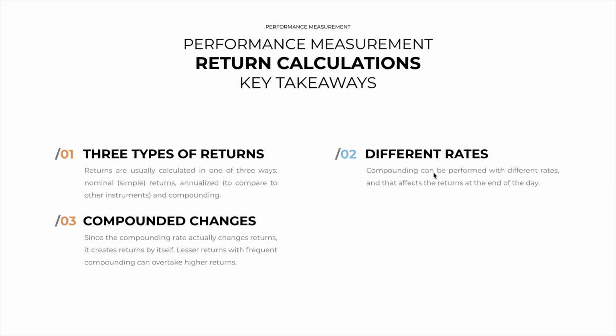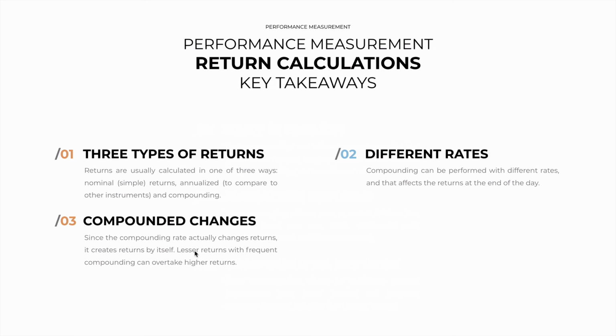There are different compounding rates. Compounding returns can be performed with different frequencies, such as quarterly, daily, and this affects the returns at the end of the day. And finally, the compounding rate actually changes returns, and investors take that into account.